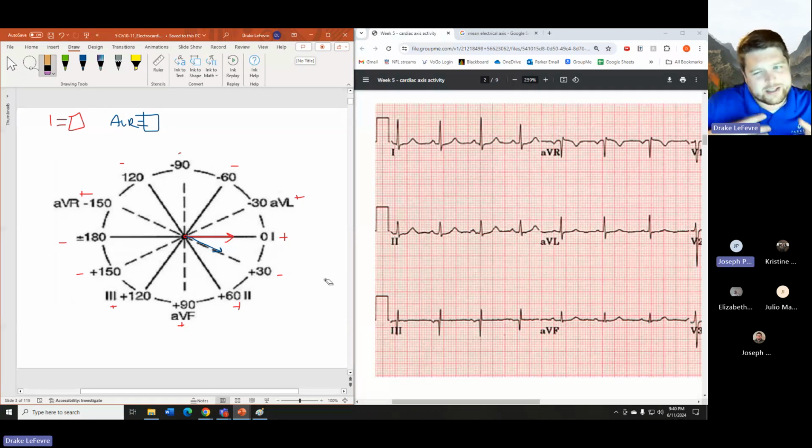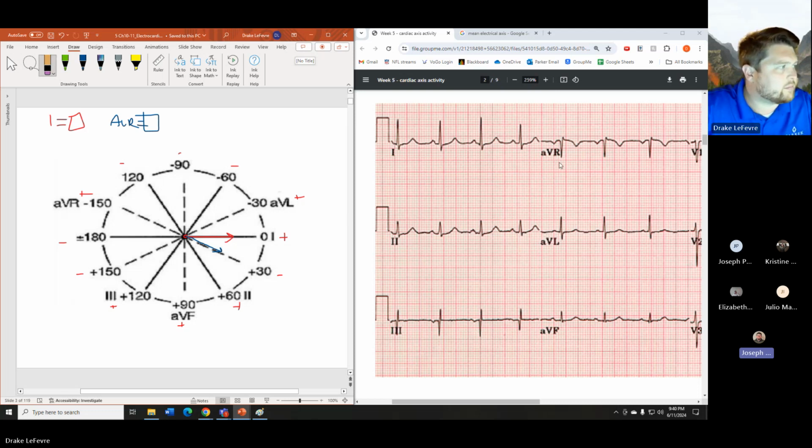A lot of positives and negatives in there, which gets a little confusing. But if you see AVR is negative, that means our electrical signal is heading towards positive 30 degrees. Okay. And I get how they labeled this now. Where it shows the AVR label, that's the positive side. That makes a lot more sense now.